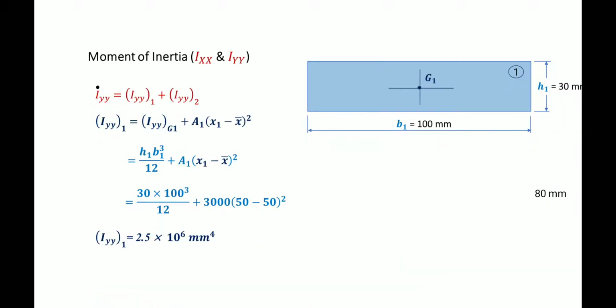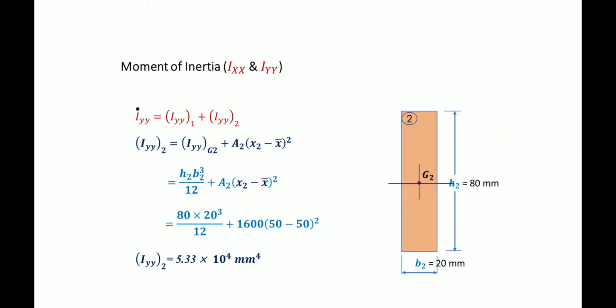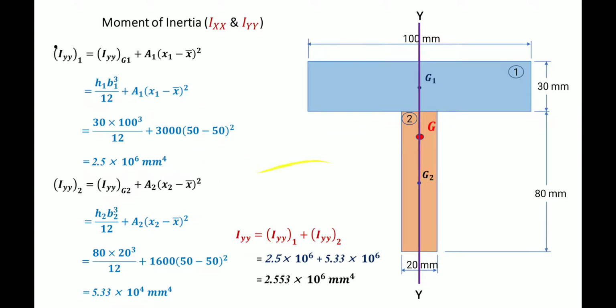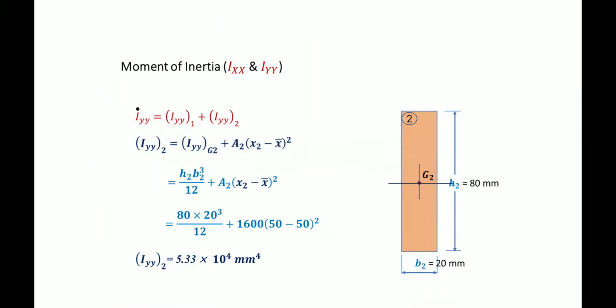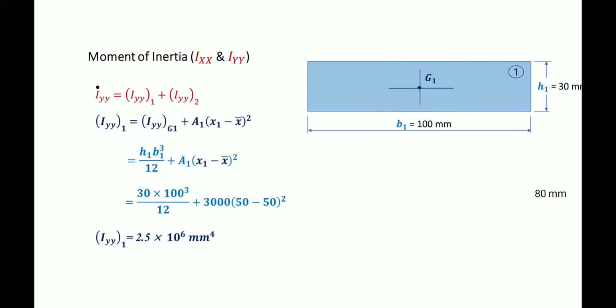For Iyy also we have two sections, Iyy1 plus Iyy2. First, for the first section, Iyy1 is equal to, same like Ixx, Iyy about G1, about its own central axis, plus A into x1 minus x bar.